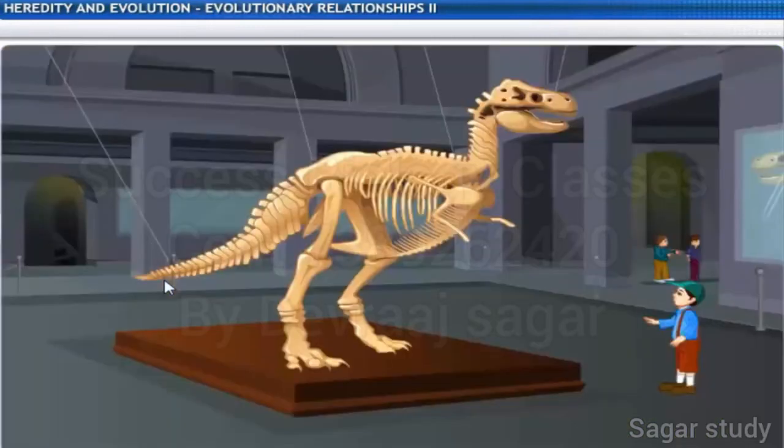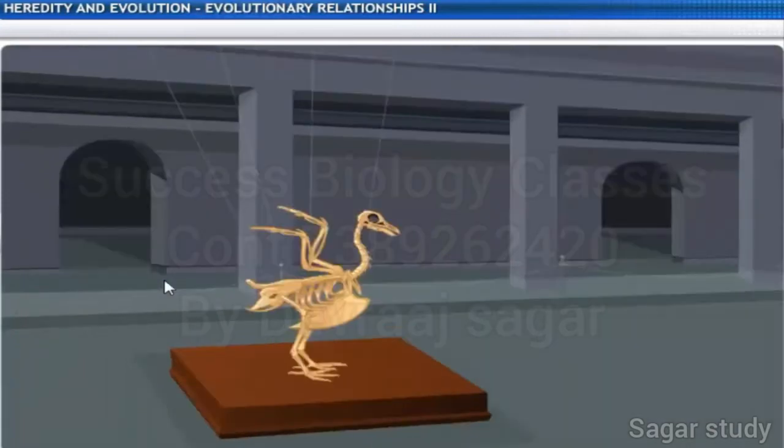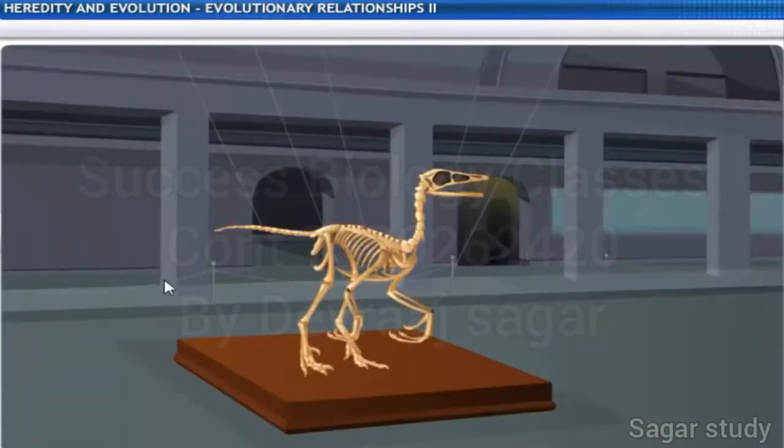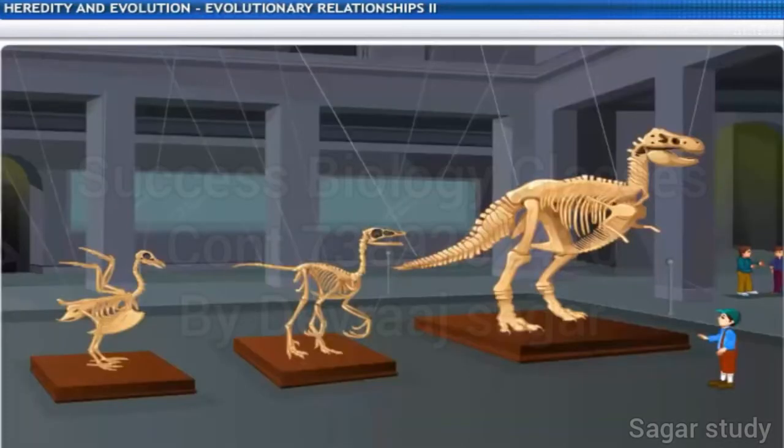Using the remnants of these dead animals to compare against the characteristics of existing animals, evolutionary relationships were developed. This is how we came to know about the existence of dinosaurs. However, there are several other pieces of evidences of evolution that suggest a link between the different species.